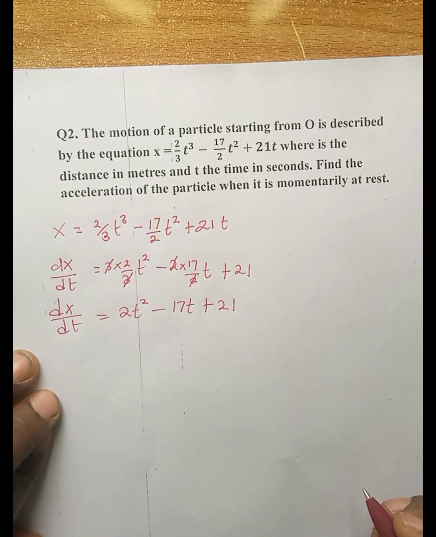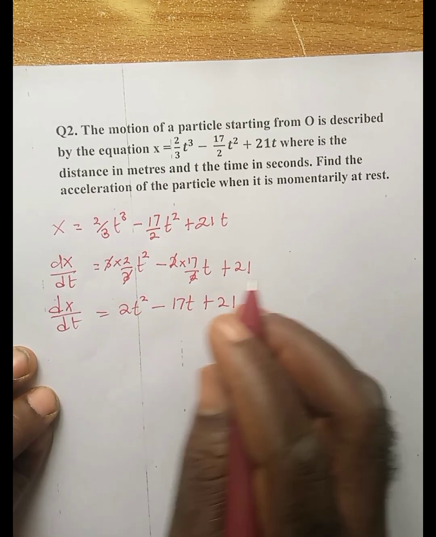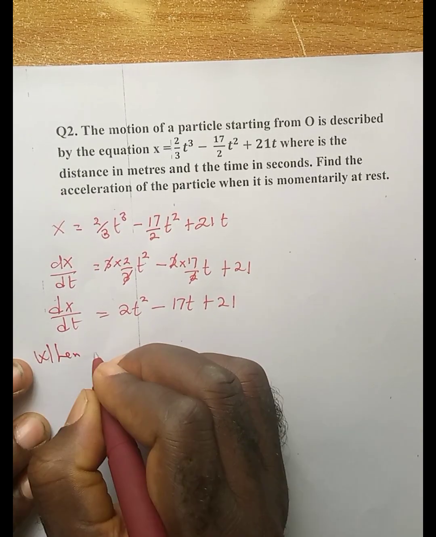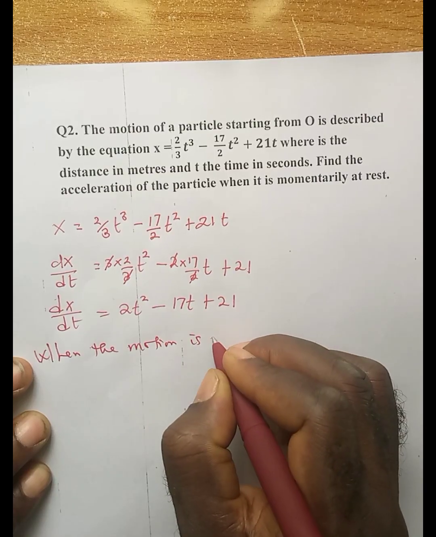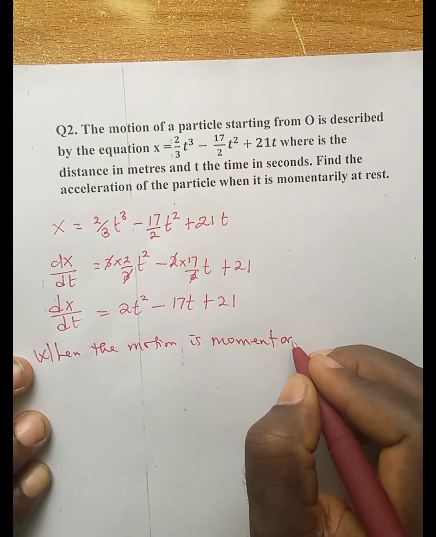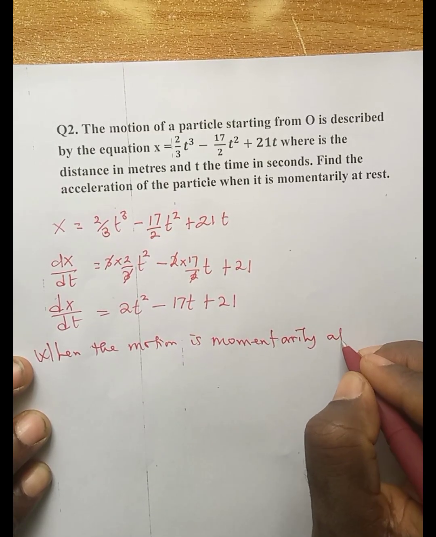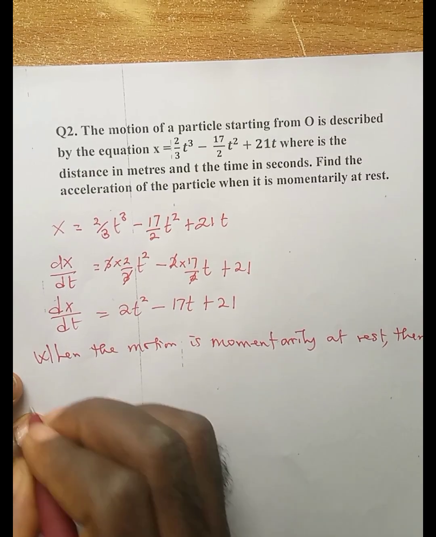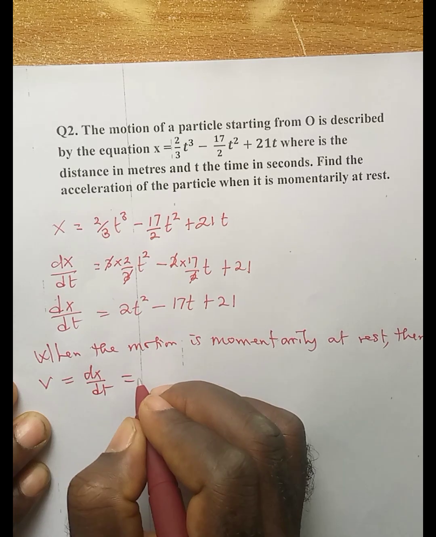Now, when the particle is momentarily at rest, the velocity is 0. So when the motion is momentarily at rest, then v, which is equal to s'(t), is equal to 0.